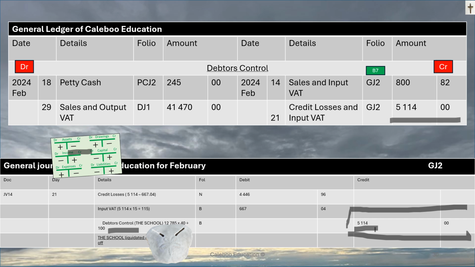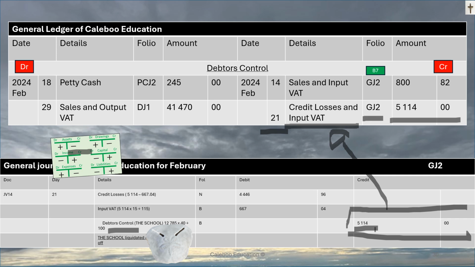There's the entry, 5114. That amount was written off and it was taken to the control account in the general ledger. The transaction took place on the 21st. The contra accounts are credit losses and input VAT.